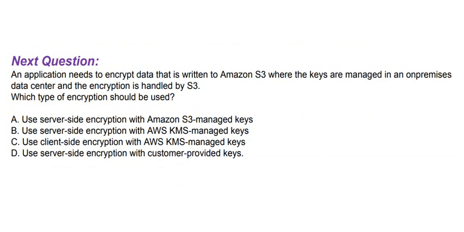Option B. Use server-side encryption with AWS KMS managed keys. Option C. Use client-side encryption with AWS KMS managed keys. And option D. Use server-side encryption with customer-provided keys. The correct answer is option D.